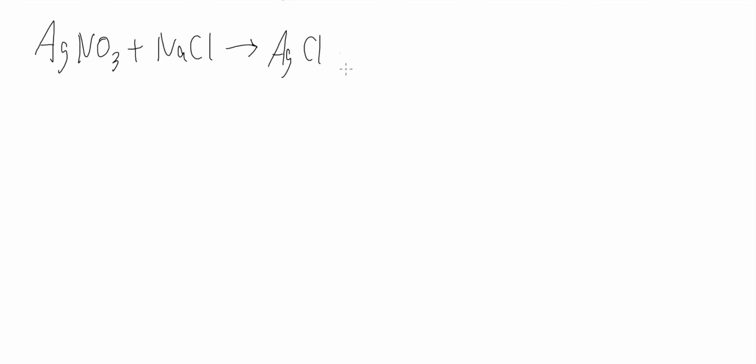Silver chloride is usually formed from silver nitrate, AgNO3, and sodium chloride. If we write the equation for that, the plain equation, as I call it, we get silver chloride and we get sodium nitrate.